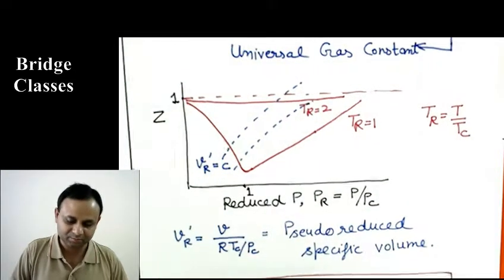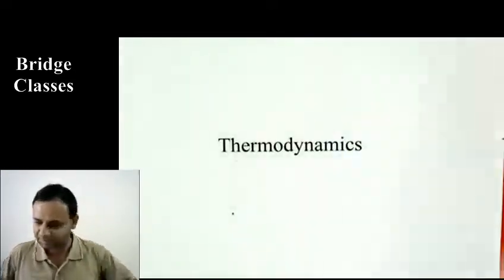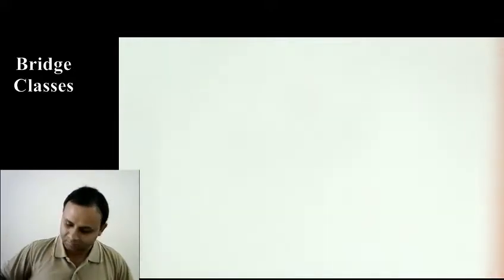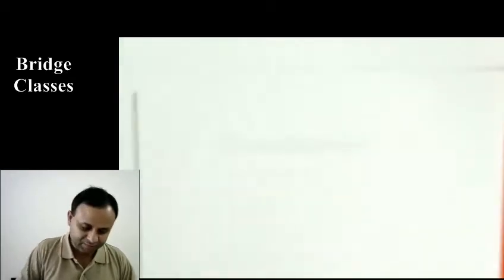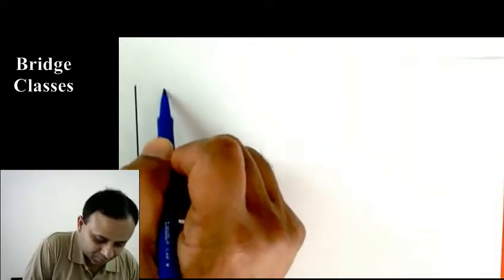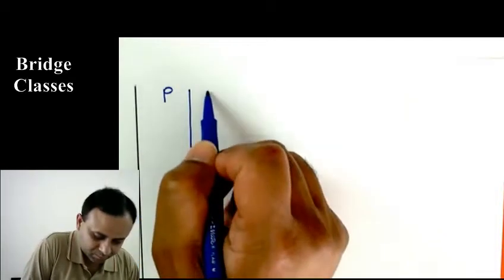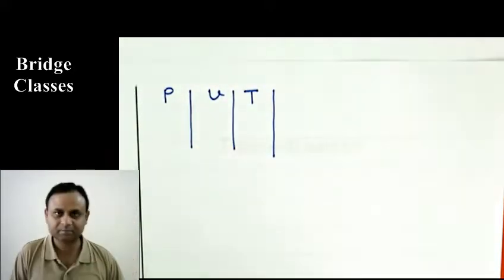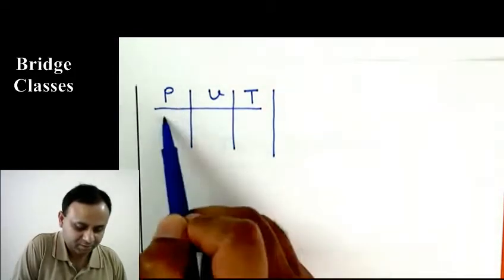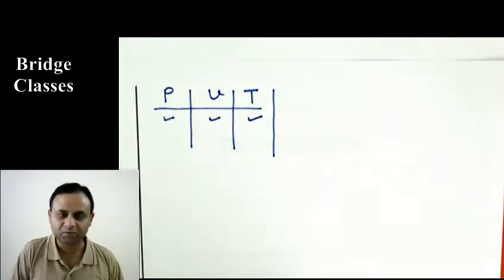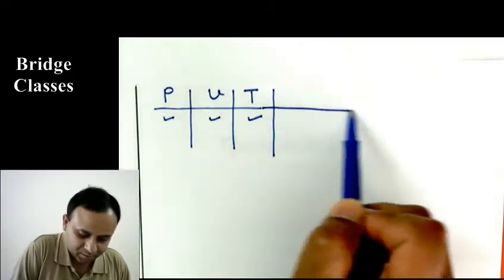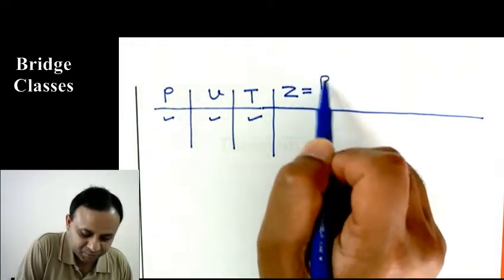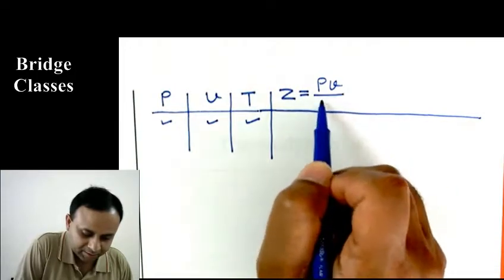Let me make it more clear for you to understand. Let us say for any gas, we have this data: pressure, volume, temperature data. At a given pressure, we know its specific volume and temperature. Based on this data, we define Z as PV over RT.